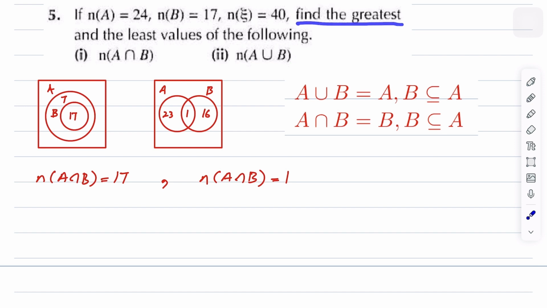Their question was what are the greatest and least possible values of A intersection B. So the greatest possibility is 17 and the least possibility is 1. So this is your maximum and this is going to be minimum.